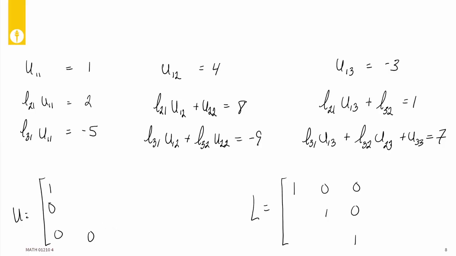So U11 has to be 1, which means L21 has to be 2. Yeah. And L31 would have to be, okay, that wasn't too terrible, I guess. U12 has to be 4. Okay, this is where it's going to get hideous. And U13 has to be -3.